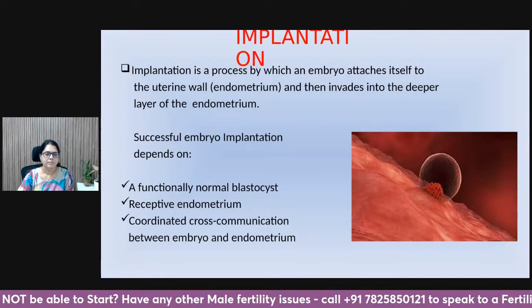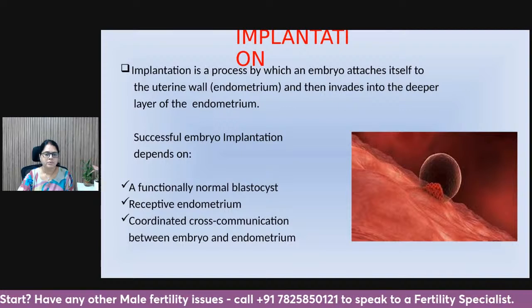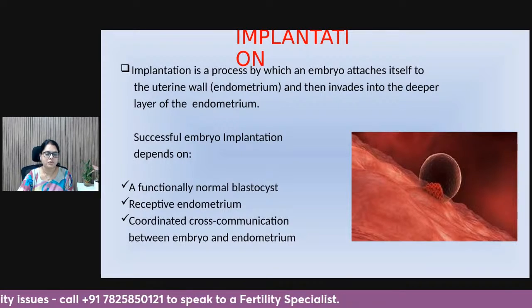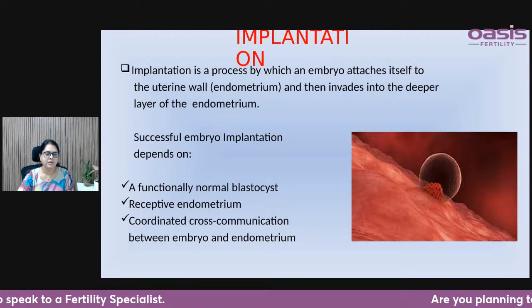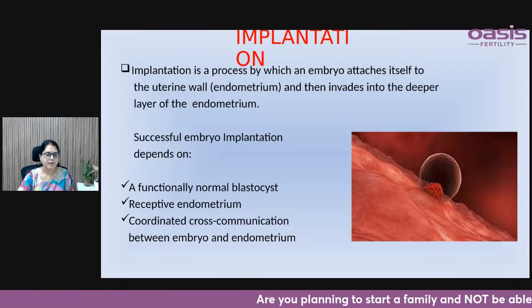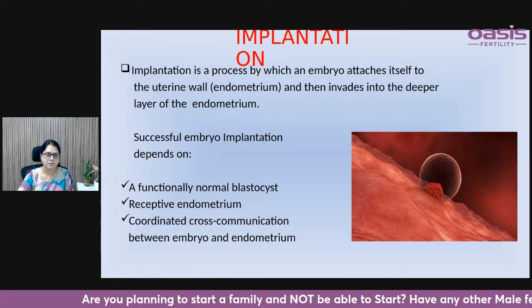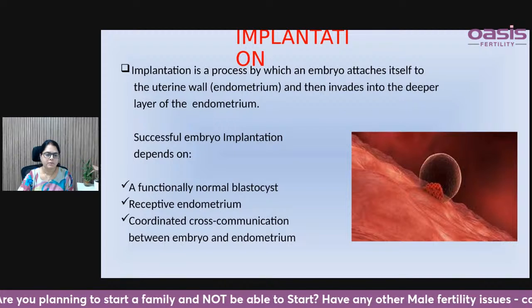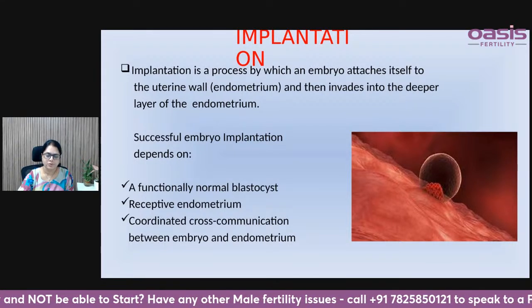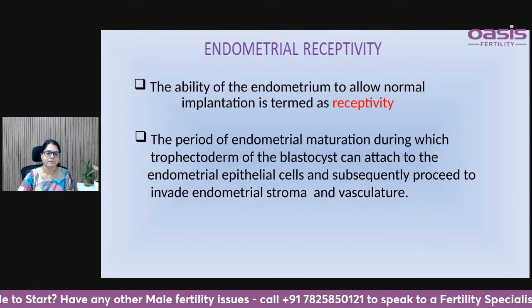So what is implantation? Implantation is a process by which an embryo attaches itself to the uterine wall, that is the endometrium, and then invades into the deeper layer of the endometrium. Successful embryo implantation mainly depends on a functionally normal blastocyst, a receptive endometrium, and coordinated cross communication between embryo and endometrium.